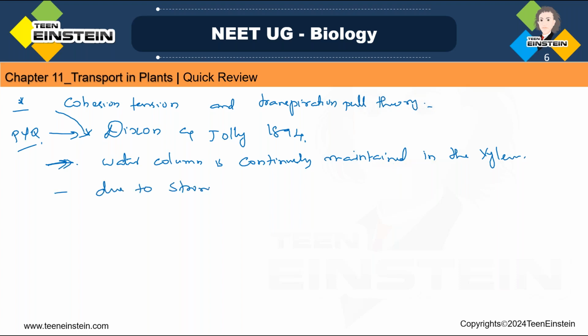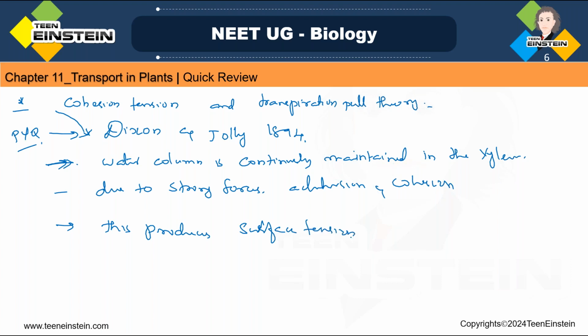Due to strong forces, in the sense adhesion and cohesion. Adhesion means between the walls of the tracheary elements and water molecules, and cohesion means between the water molecules. This produces a surface tension, and this surface tension is responsible for high capillarity through tracheids and vessels.